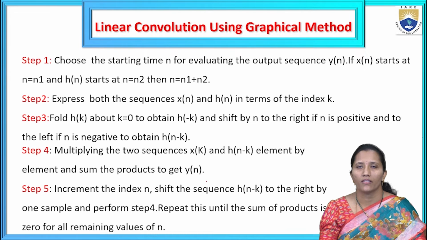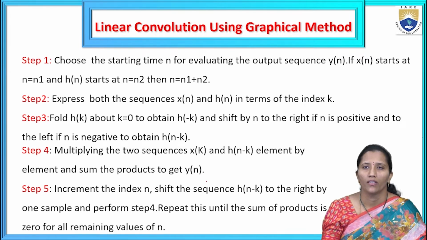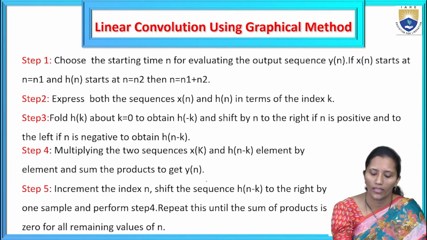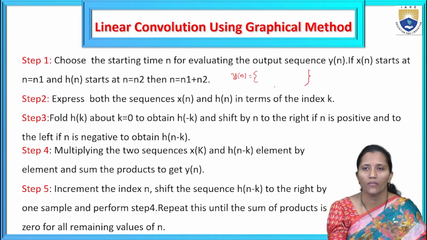So these are the basic steps for linear convolution using the graphical method. In the graphical method, first we have to choose the starting time n for evaluating the output sequence y of n. So we have to find the starting index of y of n.